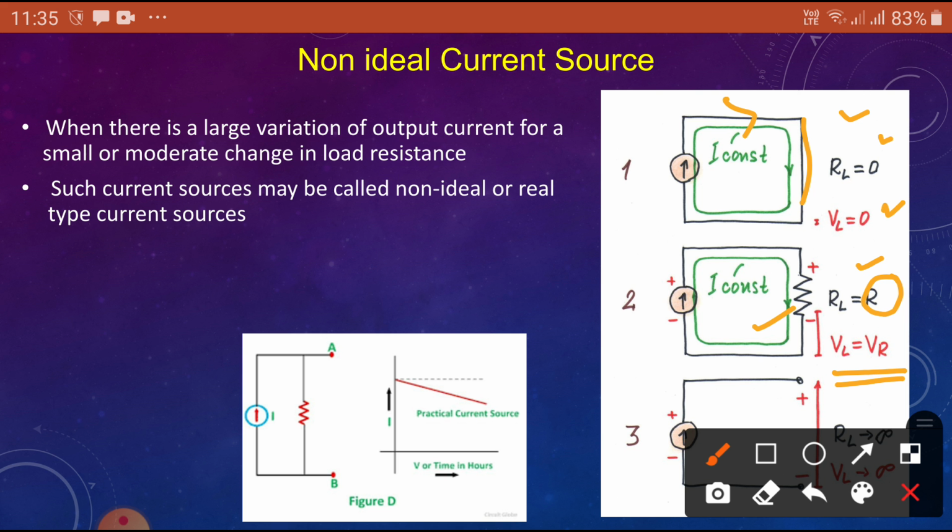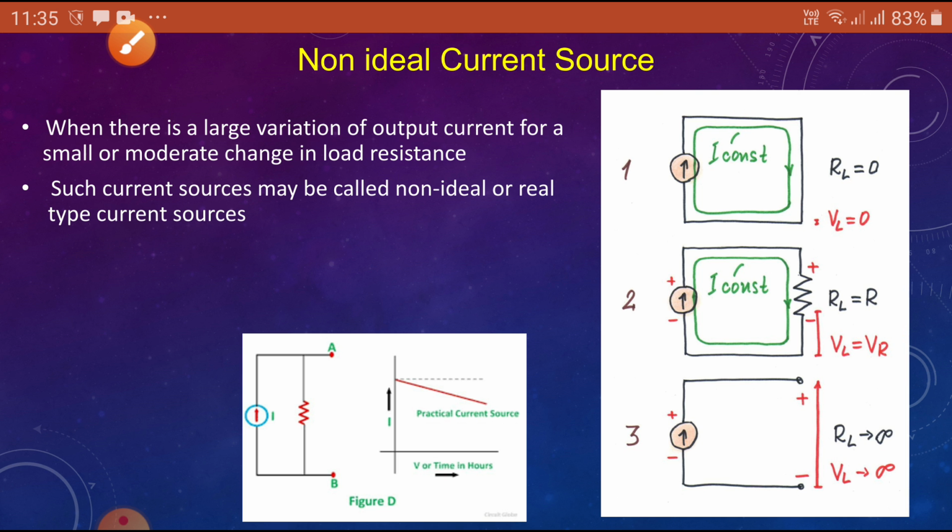If the load resistance is further increased to infinity, then the voltage VL is infinity. So VL is equal to 0 initially, then as resistance increases VL is equal to VR, and with further increase VL is equal to infinity.